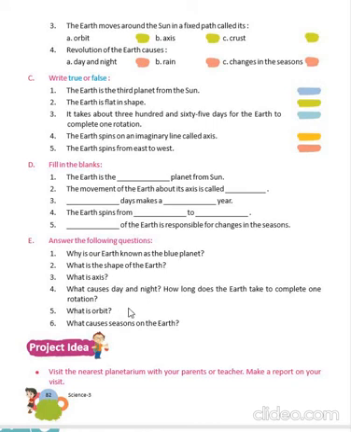What is orbit? Orbit is a fixed path on which the Earth revolves around the Sun. What causes seasons on the Earth? Revolution of the Earth is responsible for changes in the season.